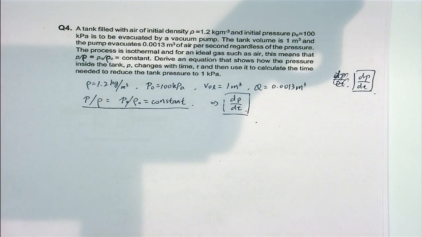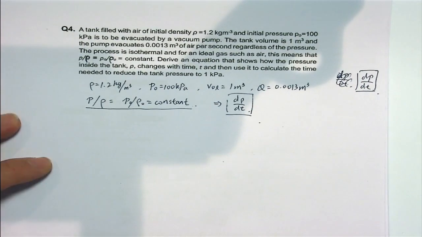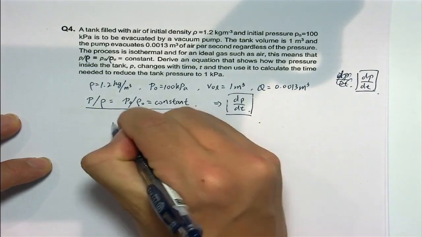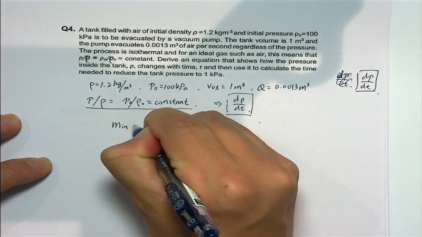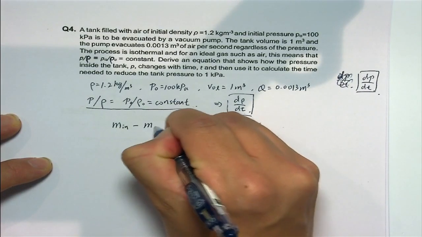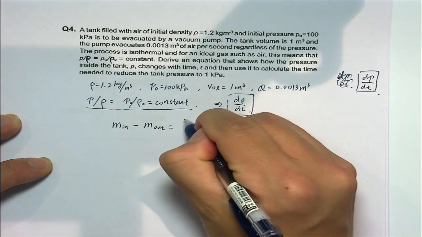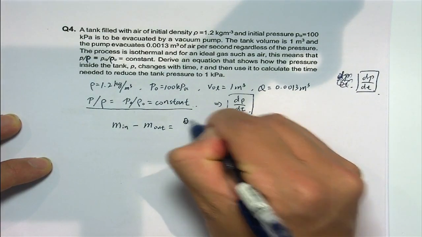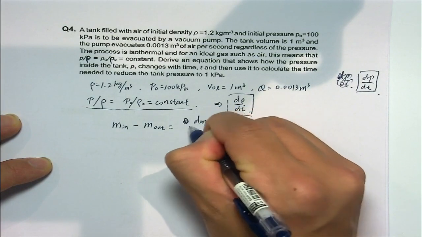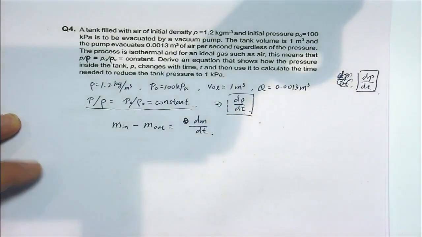So the first thing to do is use the mass flow conservation law. So the mass in minus mass out is equal to the mass varying with time, right? That's the conservation law.